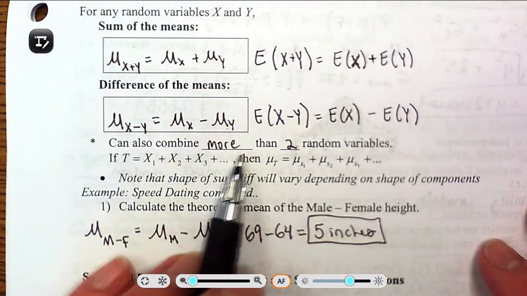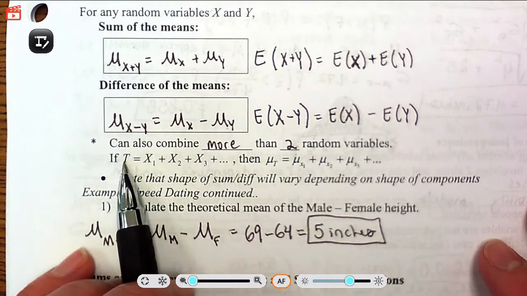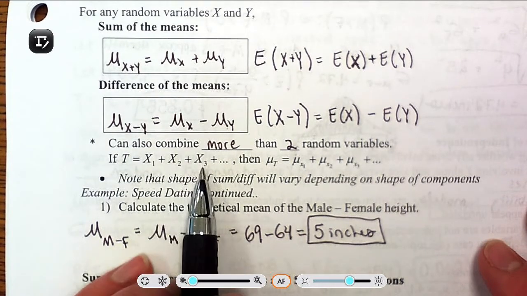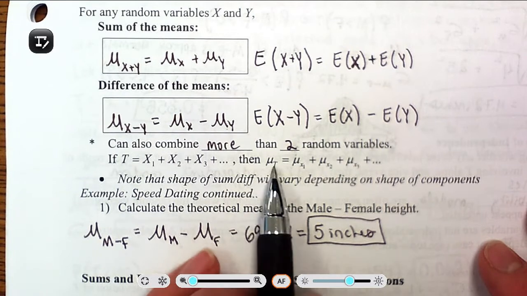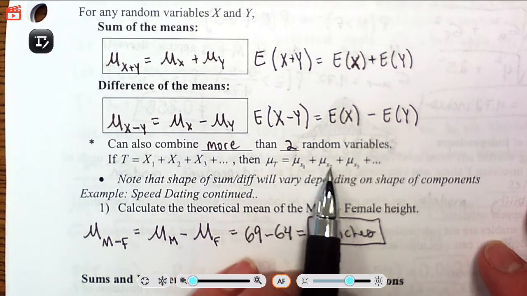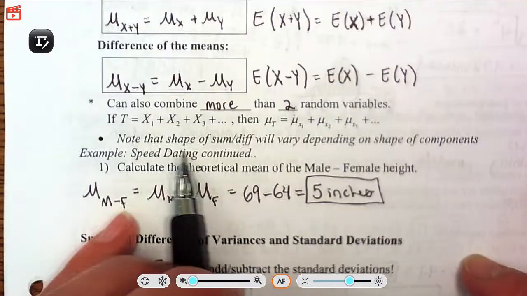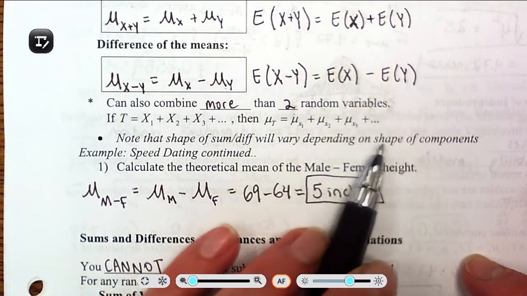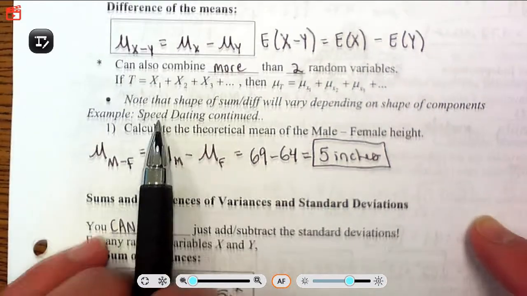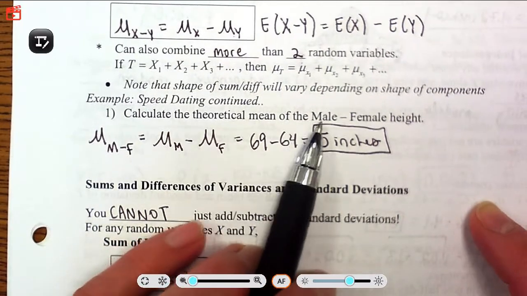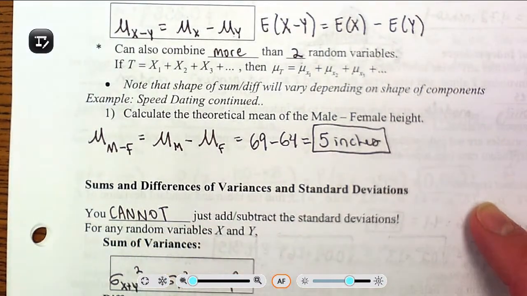You can also combine more than two random variables. So if T is x1 plus x2 plus x3, then mu T is mu x1 plus mu x2 plus mu x3. Note that the shape of the sum or difference will vary depending on the shape of the components. Okay, calculate the theoretical mean of male minus female height.